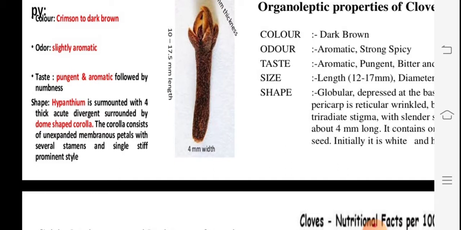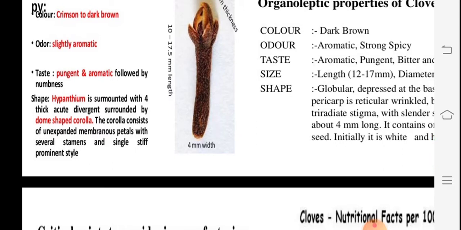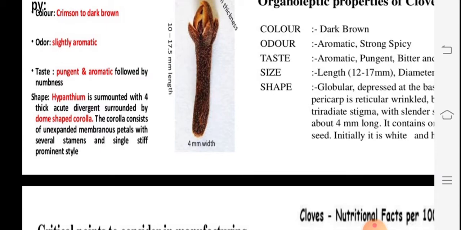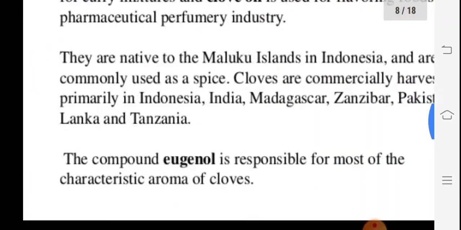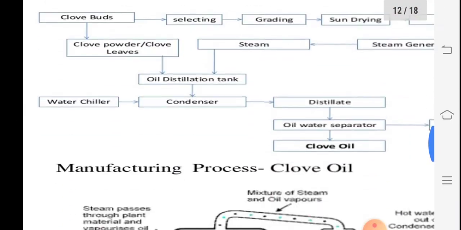In 1 centimeter there are 10 millimeters, so the range is in between 1.5 to near about 2 centimeter. As a standard, clove must have a diameter of 12 to 17 millimeter. Wrinkling is also an important character of this clove.